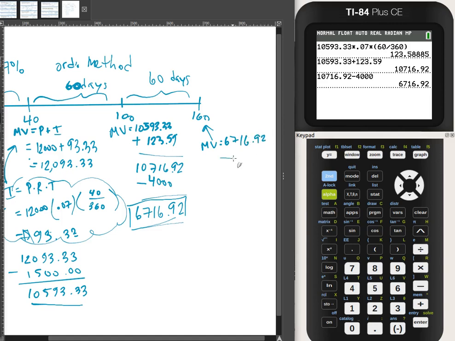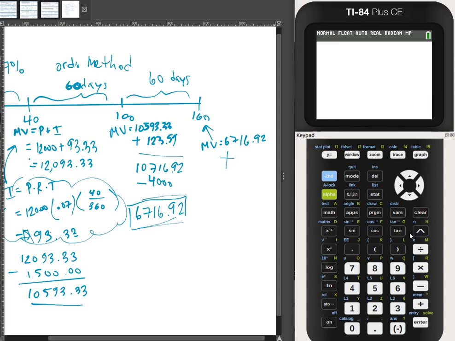6,716.92 plus whatever interest we're going to get right now. And so the interest is that principal, the 6,716.92. That's how much you owe at this point, at the beginning of this 60 days, on day 100. So we're wanting to add this interest. Also times the rate, which is 0.07. And then times, of course, this stretch.